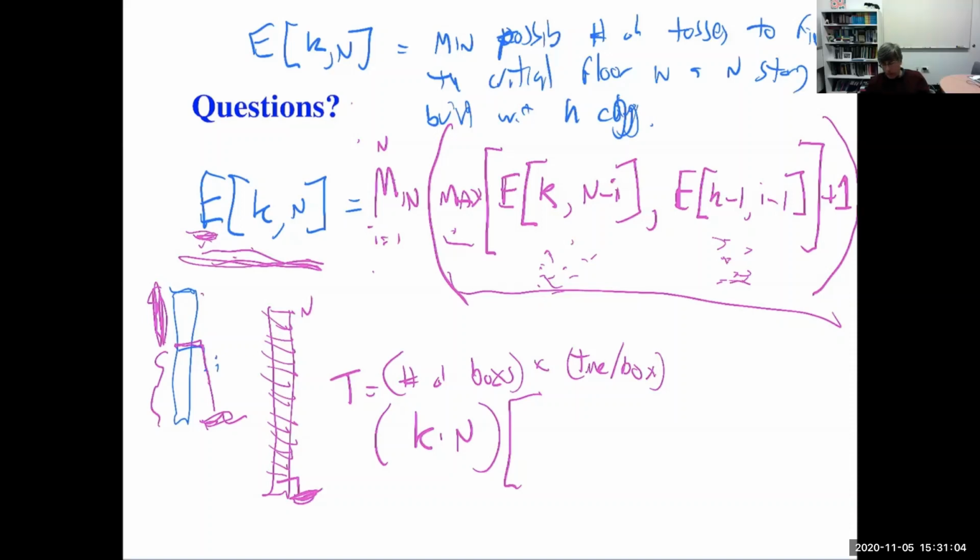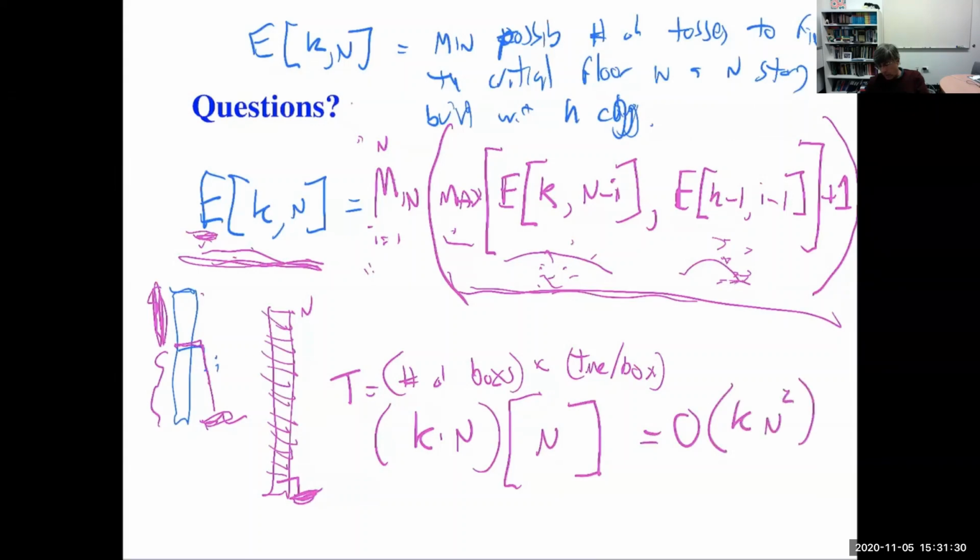Looking this up in a table is constant. Taking the max of two things is constant. Adding 1 to it is constant. Now we're doing that constant time operation n times. Does everybody see that it is order n time per box? And this gives us an excellent algorithm that runs in kn squared time.